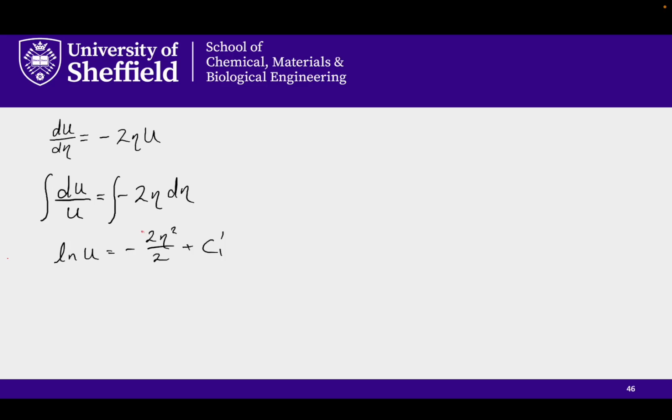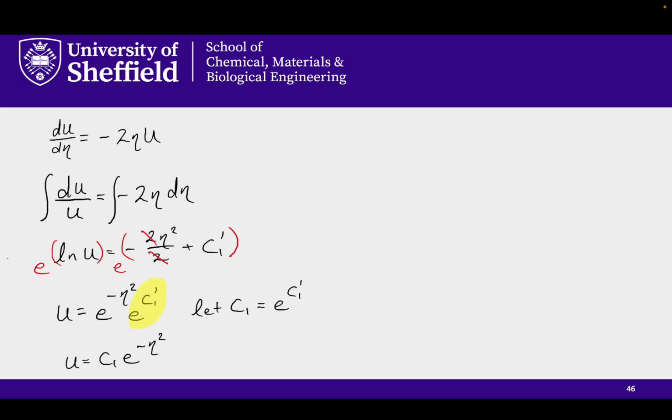We can cancel out the 2's, and then we can exponentiate both sides in order to solve for u directly. And we notice here that e raised to a constant is also in itself a constant, and we're just going to call that constant c1. So after the first integration, this is what we're left with.